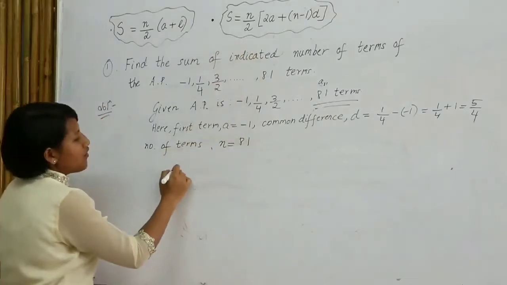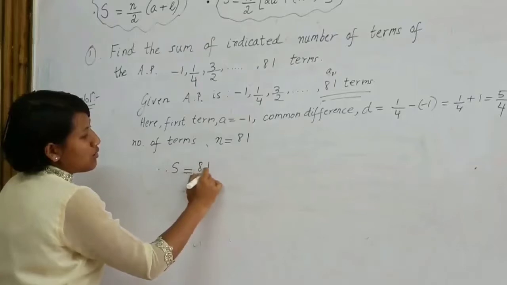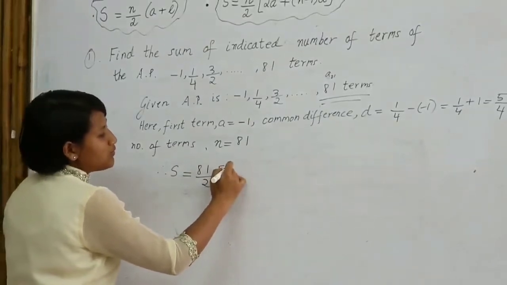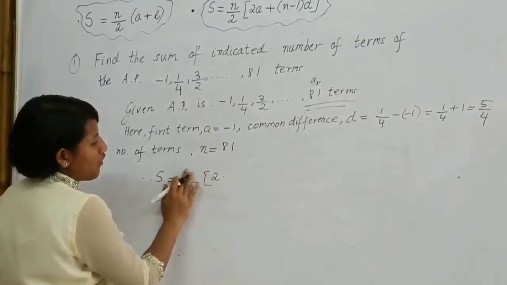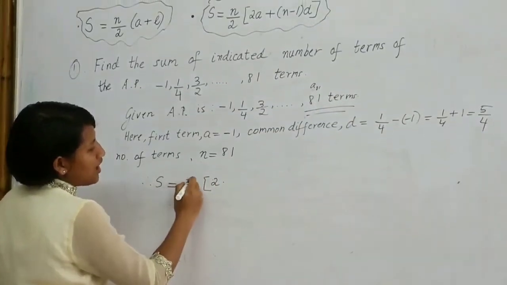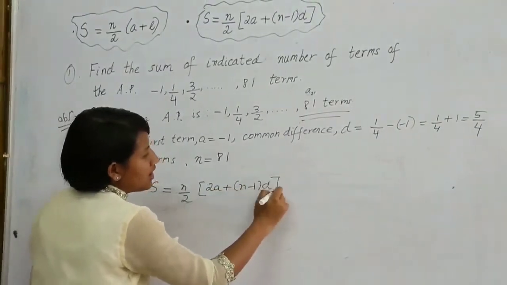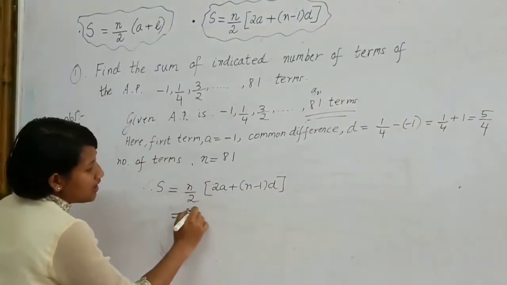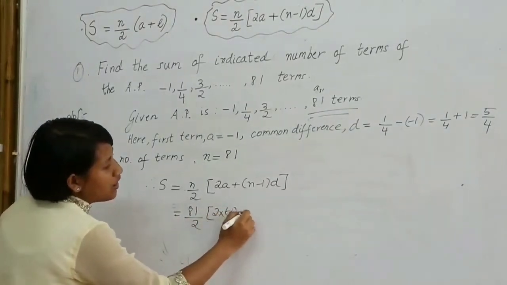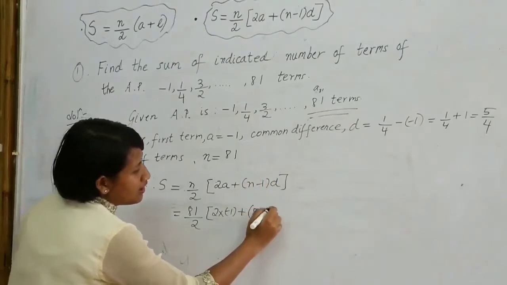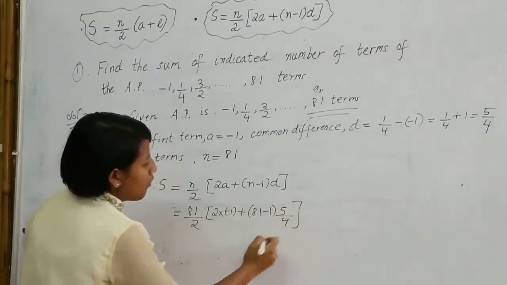Therefore S will be equal to N by 2, it is 81 by 2, and then twice. First we'll write the formula. N by 2 twice A plus N minus 1 D. Then we substitute: N is 81, A is -1, N is 81 and D is 5 by 4.